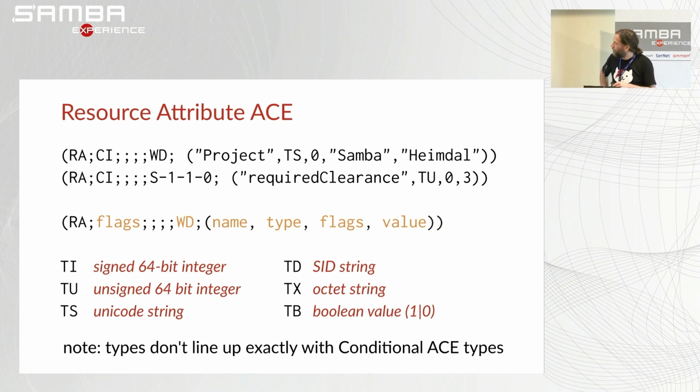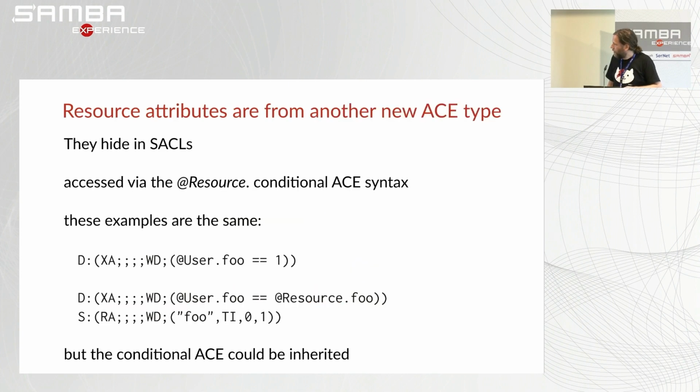And all the values have to be the same type. And then when that ends up coming through to the conditional ACEs, that will look like a list of values of the same type. But the types are different. You can have an unsigned integer, and yeah, anyway.